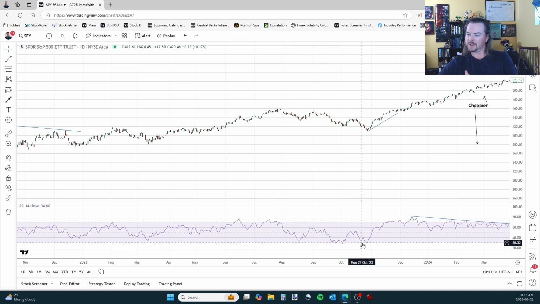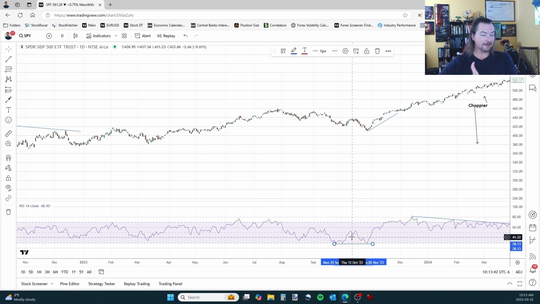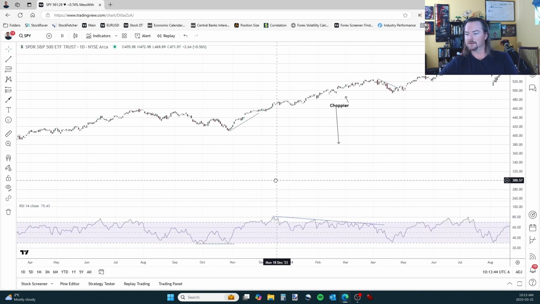Here you have, I guess you could say, a little bit of a divergence. You have a low here, a lower low here, but your RSI is staying just about the same level, so you can call that a slight bullish divergence.